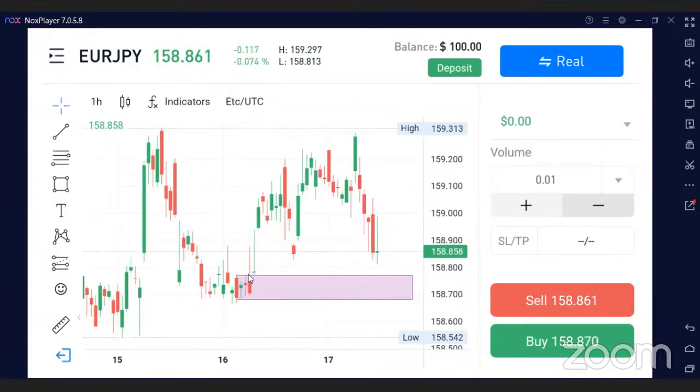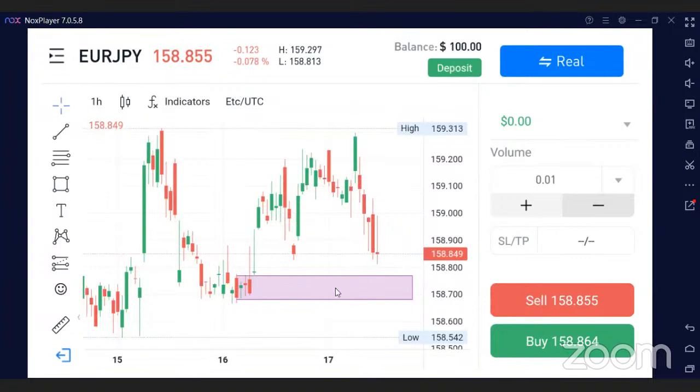So since it's a pending order, we need these numbers. These are what we use for our pending orders. Remember, I told you that it's an order that is not yet executed. So we want the market to get to these prices. We want it to get to this price before the order gets executed.